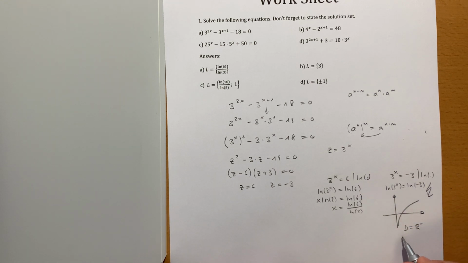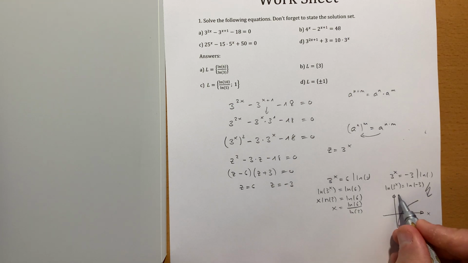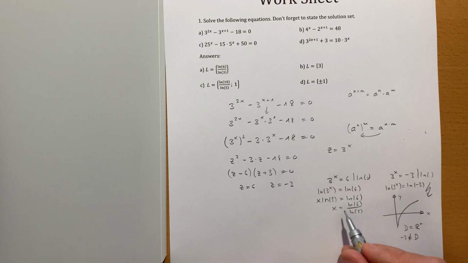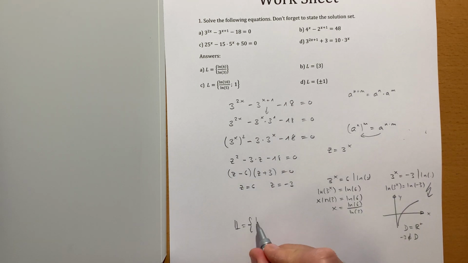Minus 3 is not an element of the domain, so it does not exist. You cannot plug in minus 3. That's why this is the only solution. So the solution set is going to be ln 6 over ln 3.